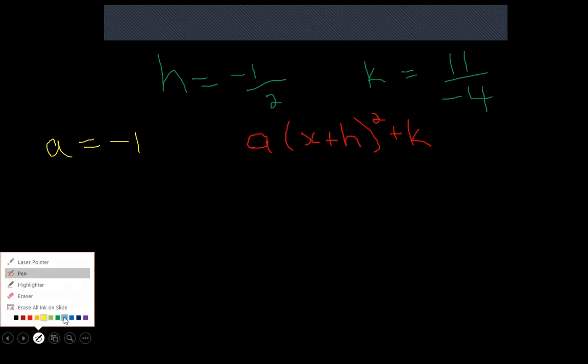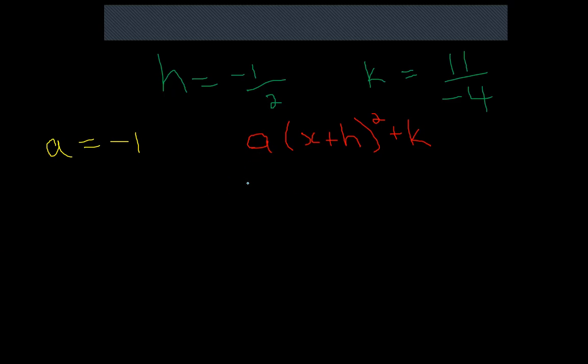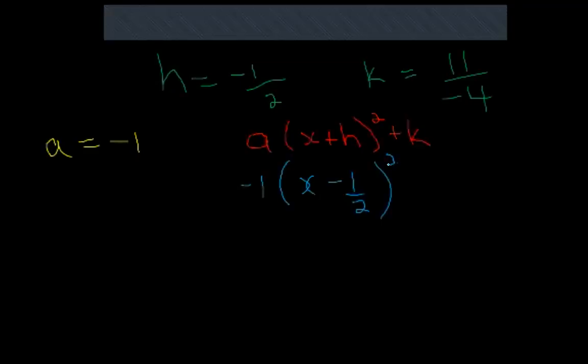So what would I get? A is minus 1, so I'll put minus 1, times (x, h is minus a half, so this is minus a half) squared. K is this, right? And this right here is your answer. That's all you had to do.